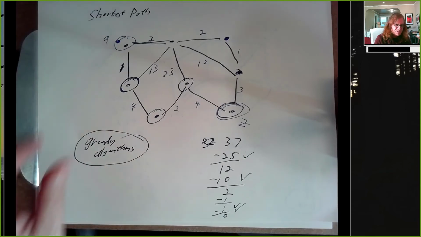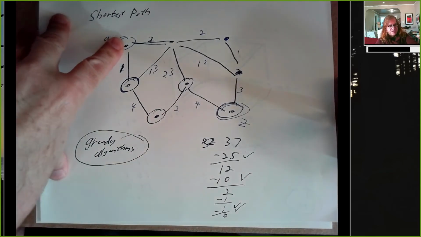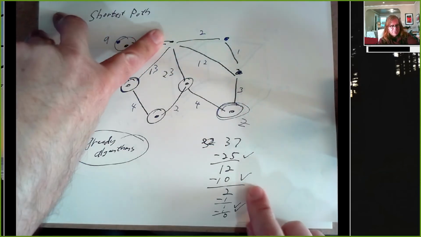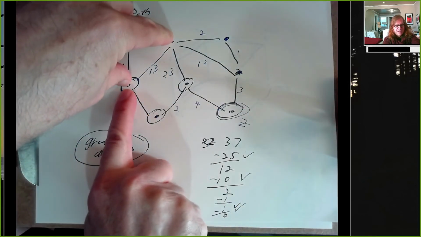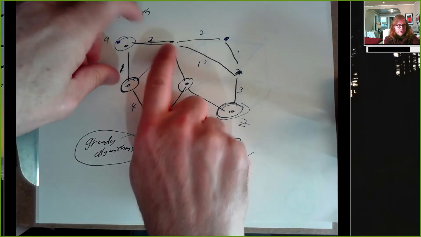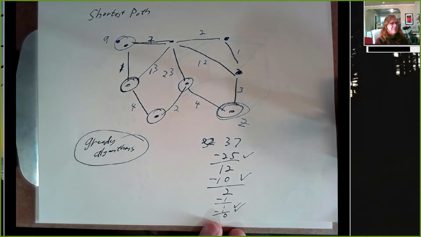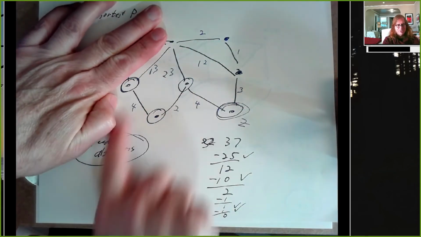There are brute force ways to do this. If you start at this point, you've only got 2 ways you can go, this way or this way. So find your shortest path from here, find your shortest path from there, add the distance of this path to 2, add the distance of that path with 1, and whatever is your shortest path, that's your final answer. We can do a recursive version of this, and just ask a friend, tell me the shortest path from here, tell me the shortest path from there.